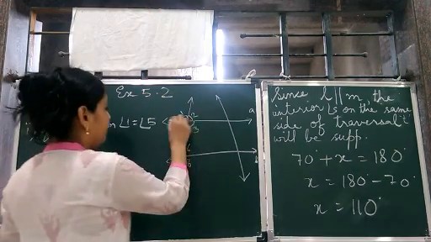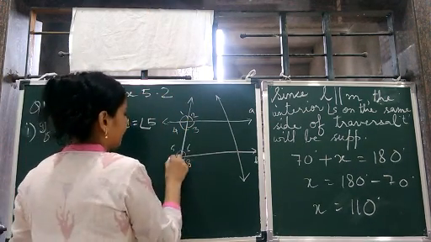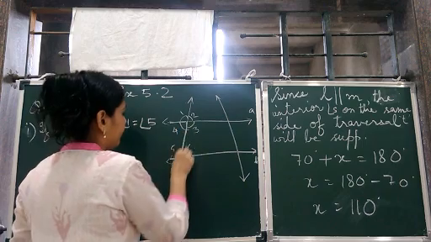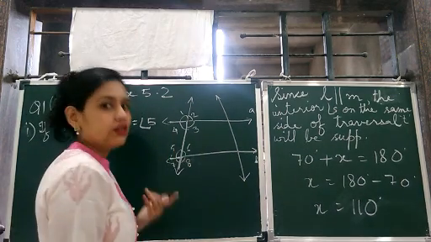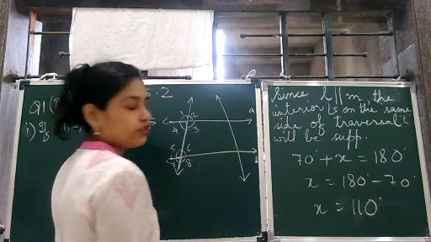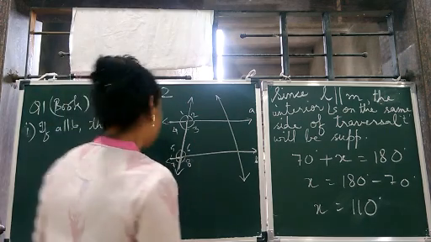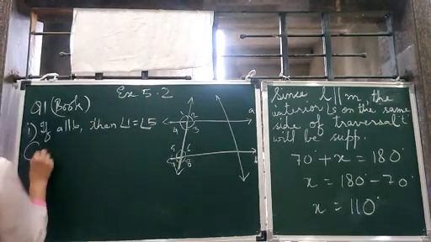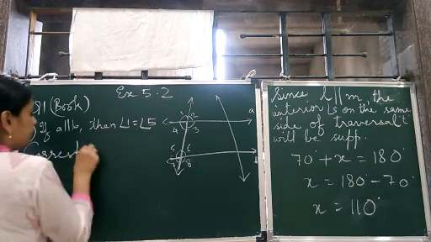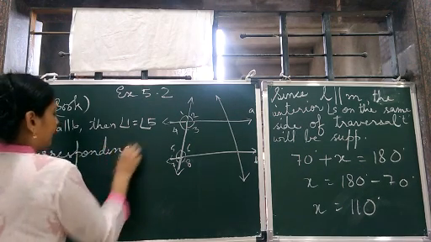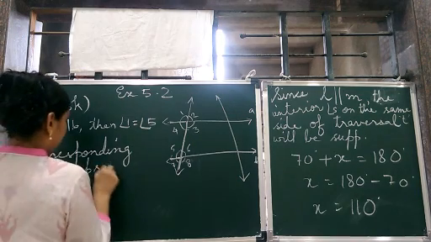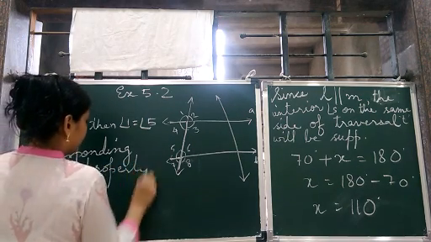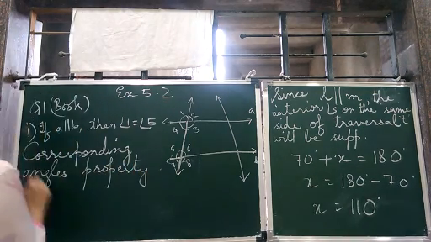F is being formed, if we take their arms, F is also formed. So they are corresponding angles. So which property? Corresponding angles property. Second one.